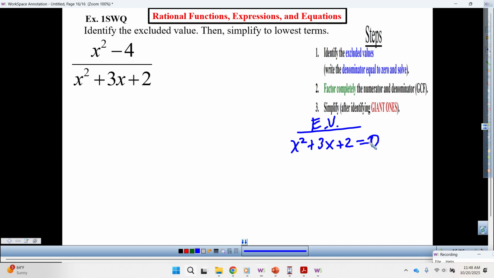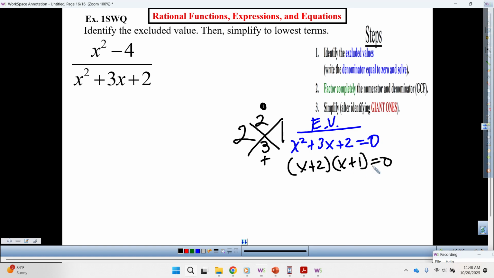That is correct. Equals 0. What does your brain want to do with this, everyone? What number goes on top? 2. What number goes underneath? 3. What two factors give us 2 when you multiply and 3 when you add? 2 and 1. So my factors are x plus 2 and x plus 1, and all that equals 0.